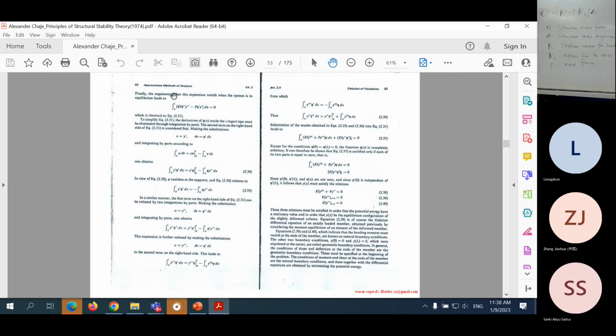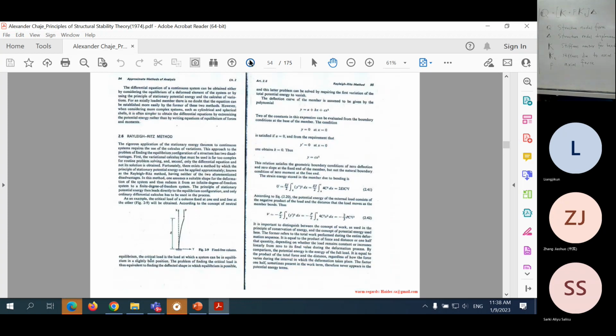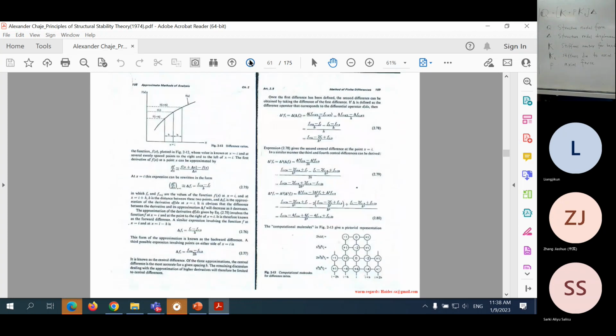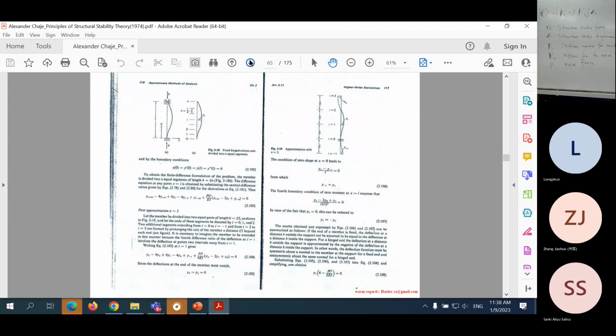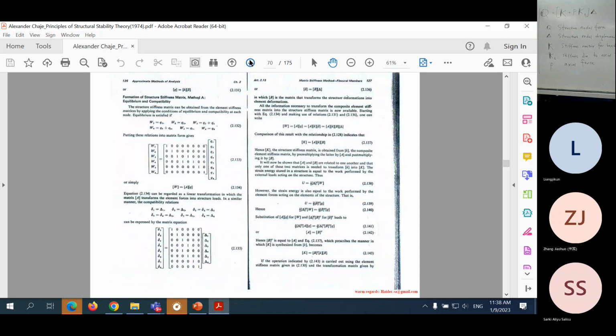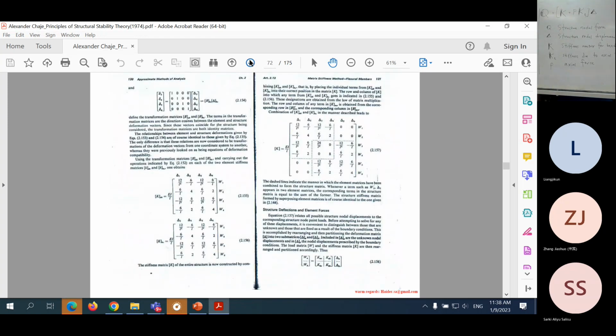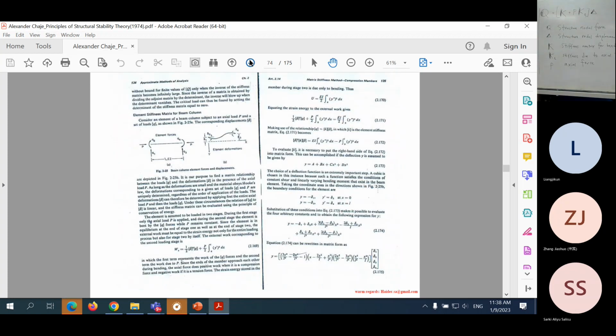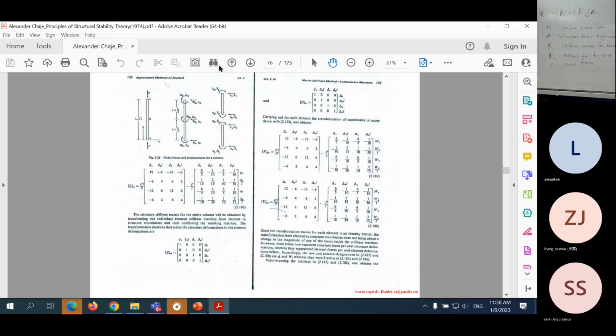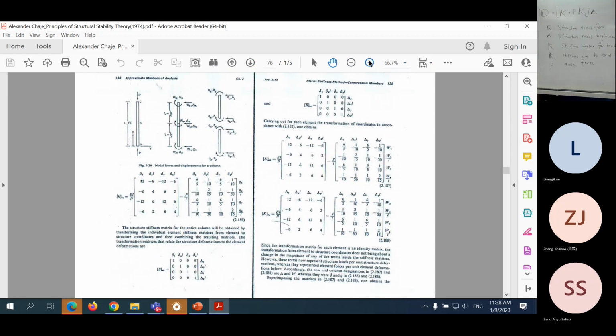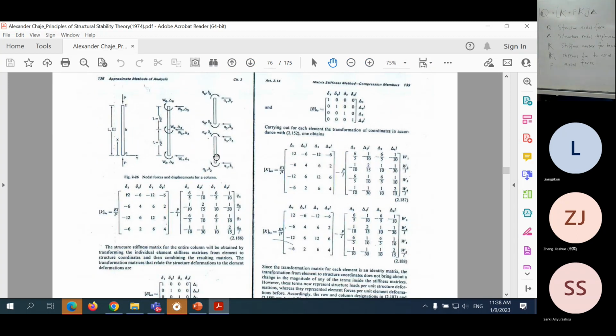If you go to this matrix method, this is where the question is. Refer to this.